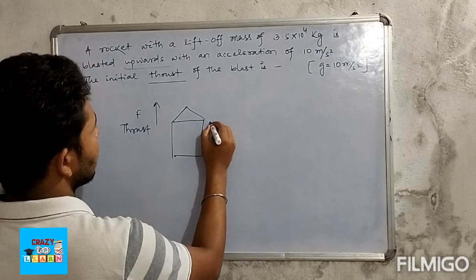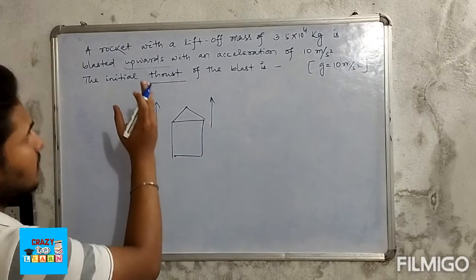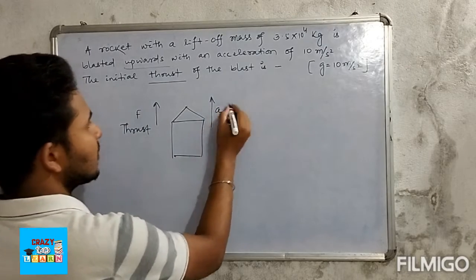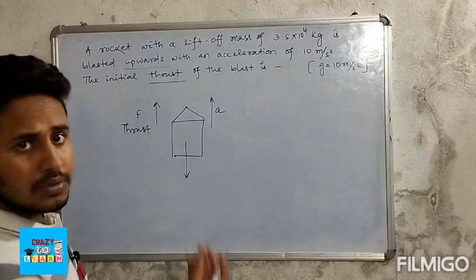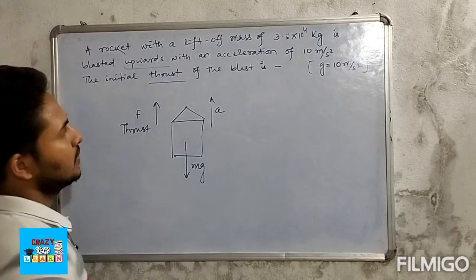Due to the thrust, the rocket will lift up. The rocket with a lift-off mass moves upward, that means the acceleration is along the upward direction. And the force due to gravitational pull is mg.